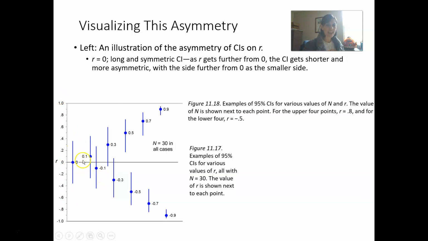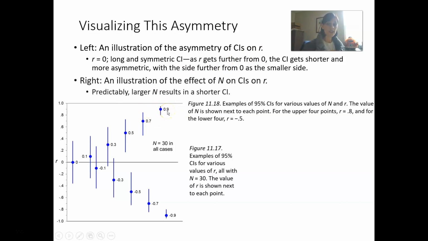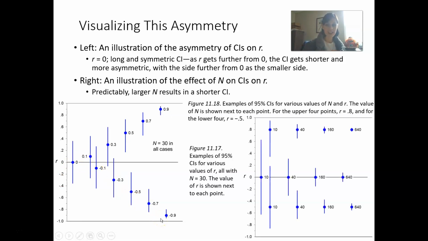And you can see that as the correlation coefficients get closer and closer to 1, the further R gets from 0, the confidence interval gets shorter, and it also gets more asymmetric. The side that is furthest from 0 will be the smallest side. You can see the asymmetry. It's perfectly symmetrical at 0, but the more that we move away from it, the more asymmetrical it gets.